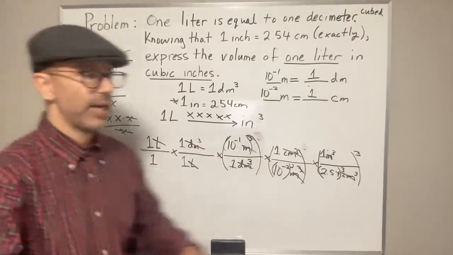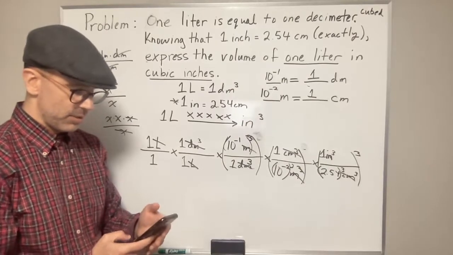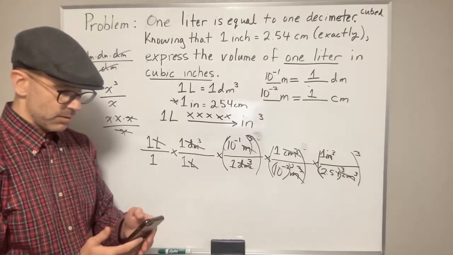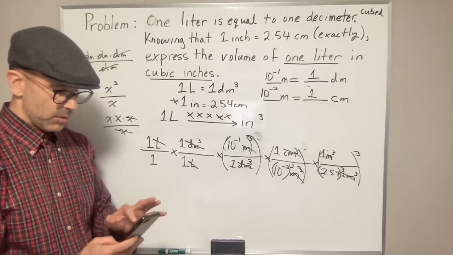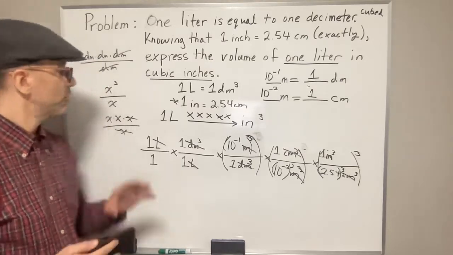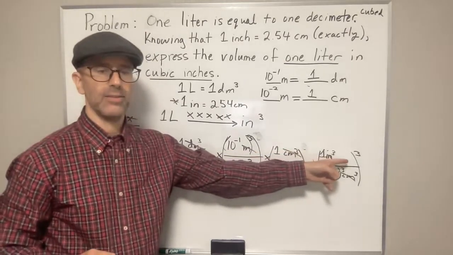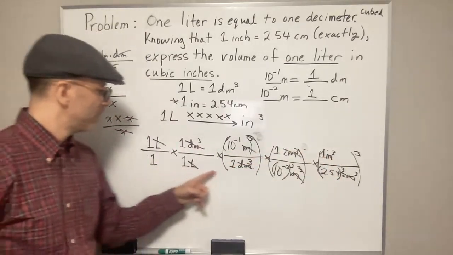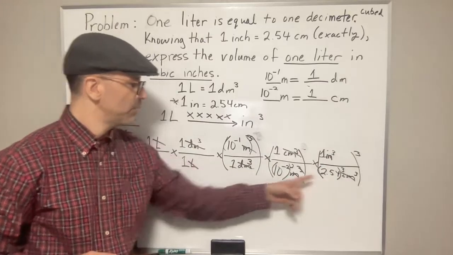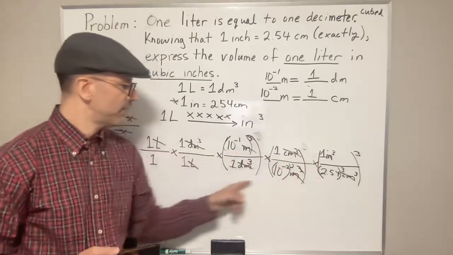So let's go ahead and figure that out. I'm going to get my calculator. What I'm going to do is multiply by everything on the top, and divide by everything on the bottom.